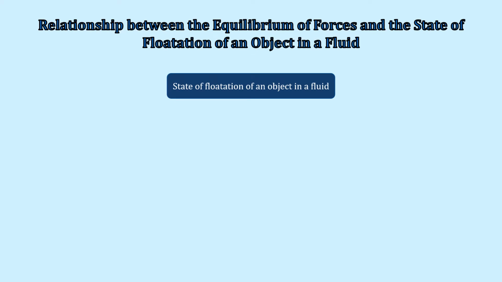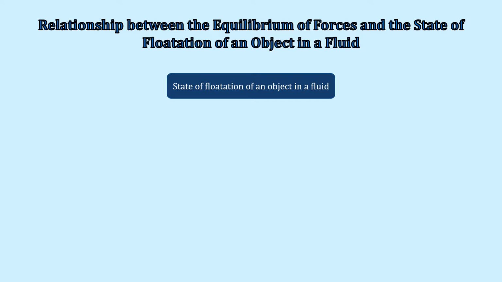Are you okay right now? Hopefully all of you are okay because I want to get your full attention right now. We want to learn the relationship between the equilibrium of forces and the states of flotation of an object in a fluid. When an object is submerged in a fluid, the object experiences two forces.